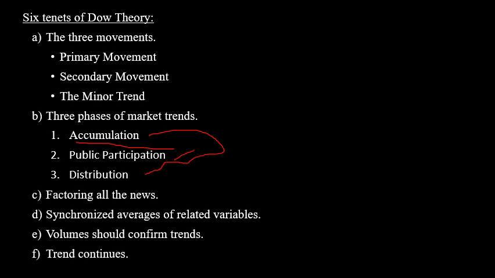Next is synchronized averages of related variables. All the averages of related variables should move in the same direction. All the related variables must vary so as to form a symphony.